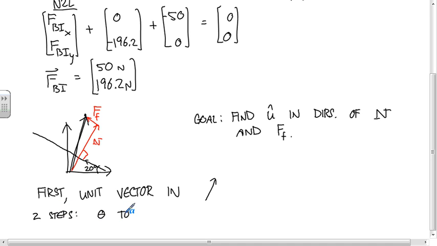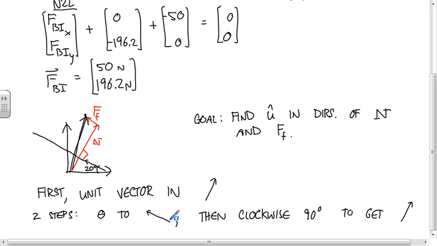I'm going to find the angle to here, and then I'm going to go clockwise 90 degrees to get to here, okay?